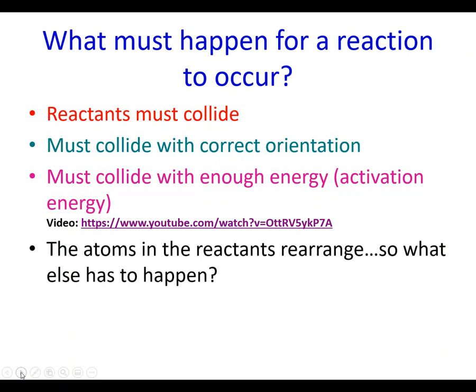In the reactants, the bonds have to break, and there's an energy amount for those bonds, and then they do their little intermediates, unstable rearrangement, and then they end up forming new bonds in the products, and that's going to have its own energy amount.